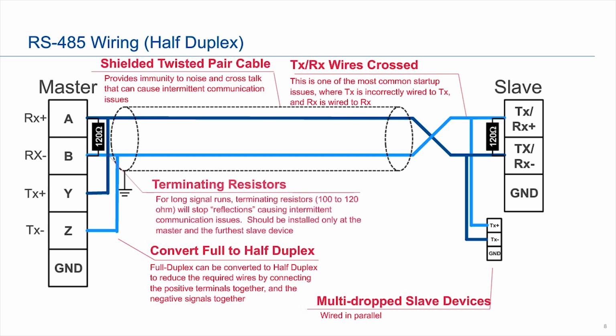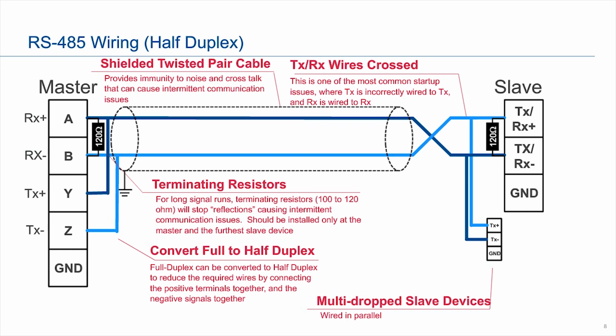Now, one thing that I don't see very often, but is important for people that are out in the field, is that when you have particularly long distance cables, sometimes you may get reflections occurring on the cables, which is causing intermittent faults or intermittent communication issues. One way you can fix that is by putting on 120 ohm resistors on the 2 endpoints of the wiring.